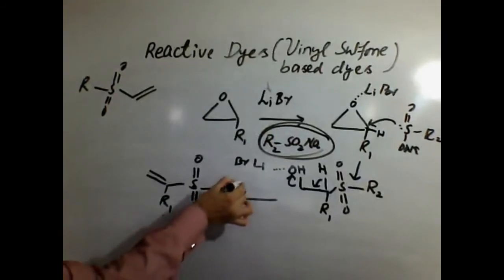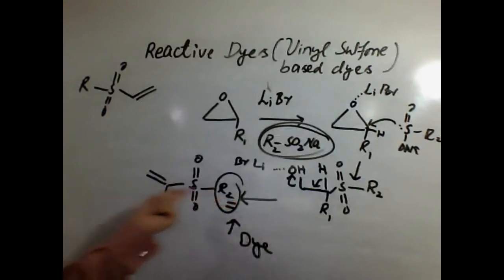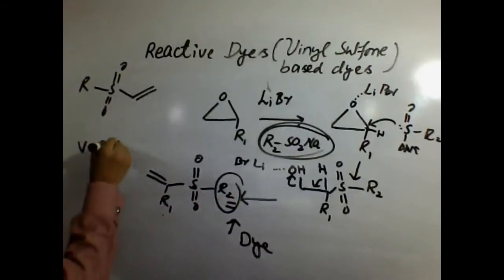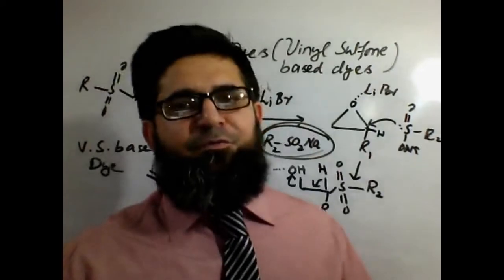Now if this R2 has come from some sort of a dye, if it's a part of some sort of a dye molecule, then this whole structure will become a vinyl sulfone-based dye.